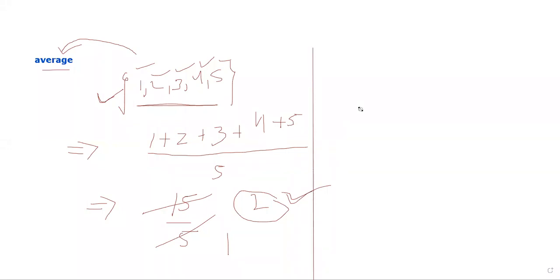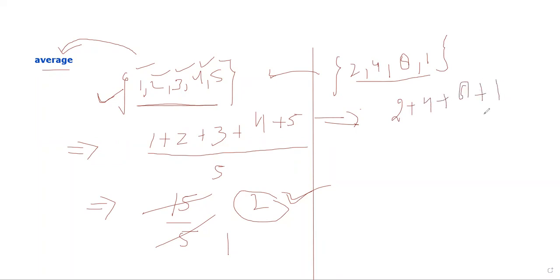If I have another set, for example 2, 4, 4, 8 and 1, and the question wants me to calculate the average, then I simply add these numbers and divide by how many elements there are. That means 1, 2, 3, 4, 5 elements.